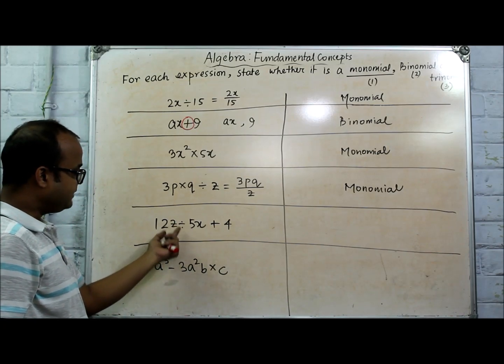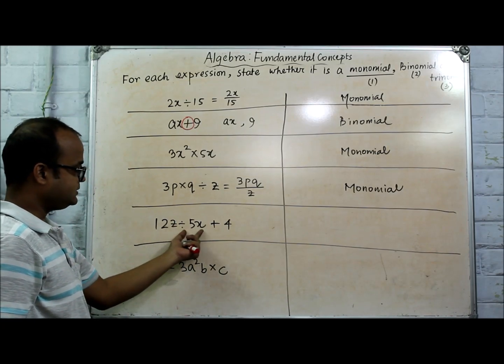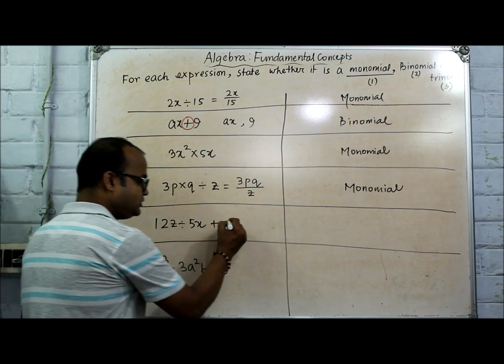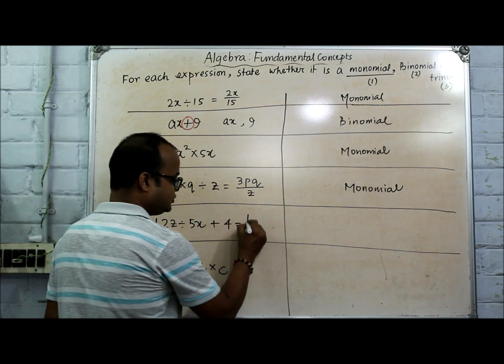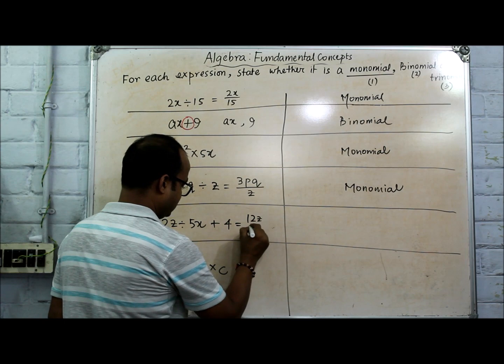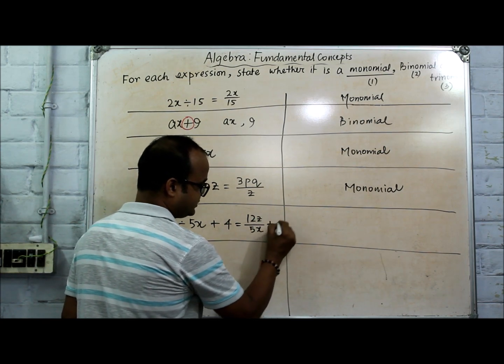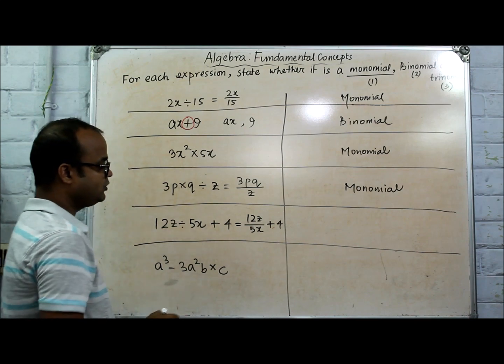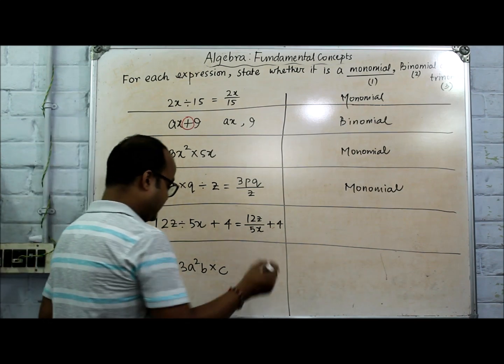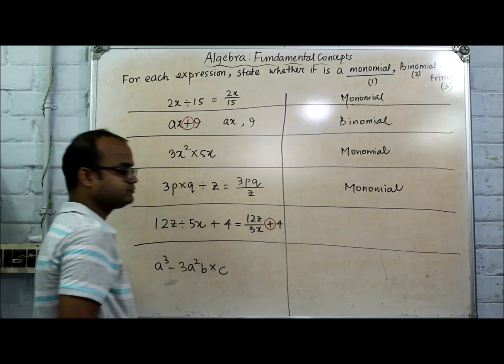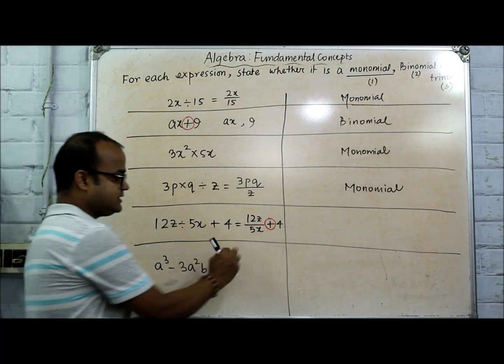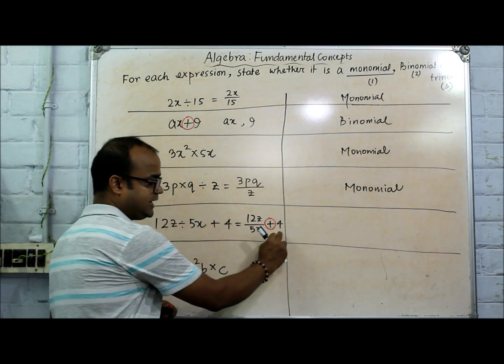12z divided by 5x plus 4. So this can be written as 12z divided by 5x plus 4. Now see here one plus sign appears and the plus sign separates two terms, 1 and 2.